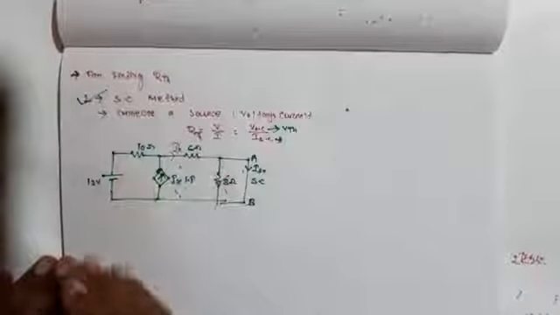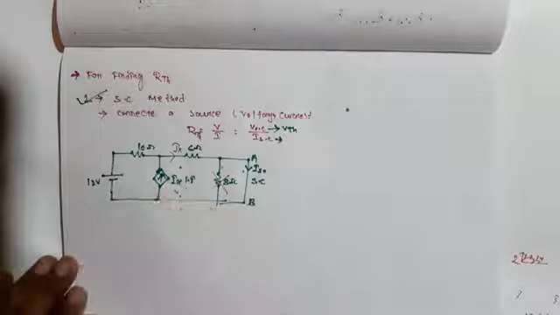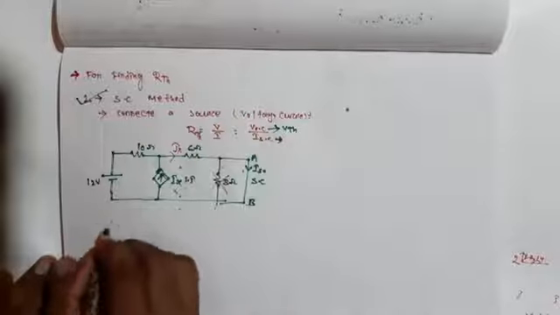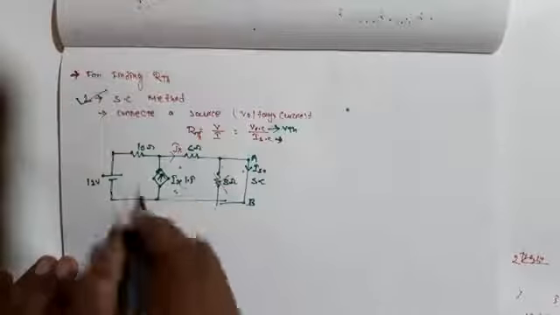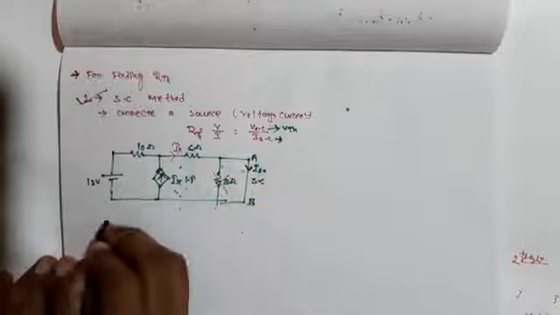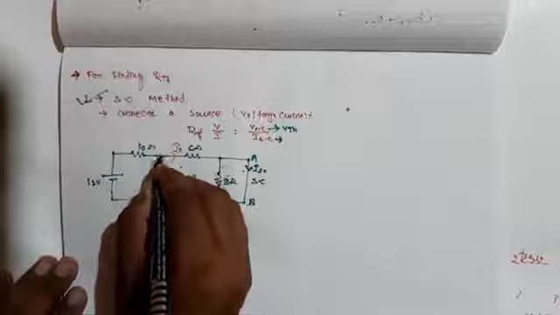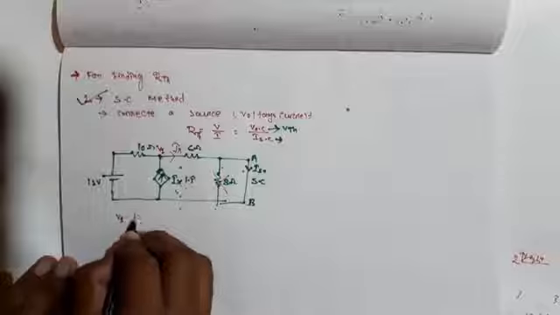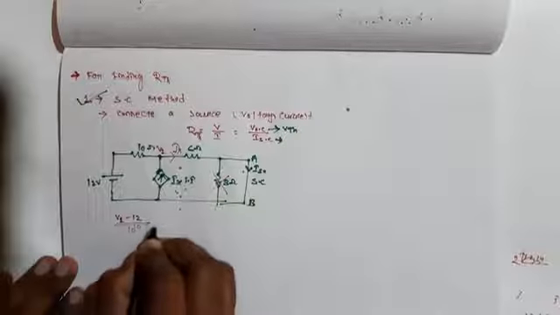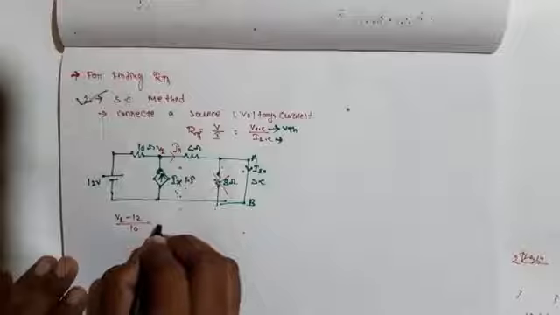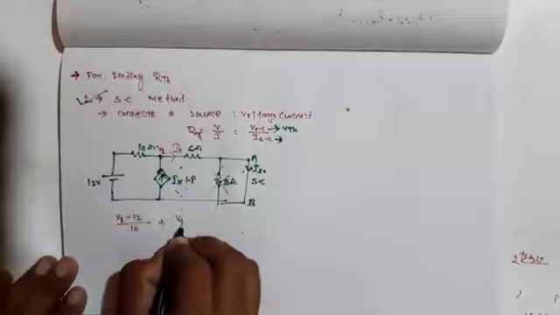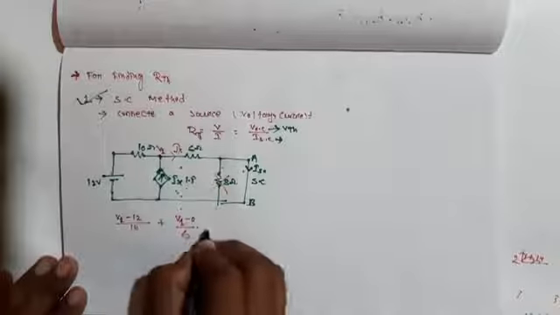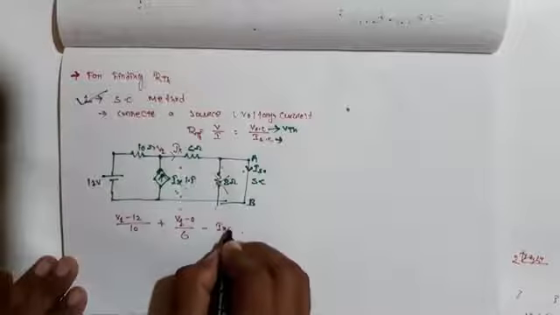That is one of the methods, and after that we will study how to deal with it if a source is connected. Here, this is ISC. We need to find this ISC current, so we apply the node equation at V1. V1 minus 12 by 10, plus V1 minus 0 divided by 6, minus IX 1.5.